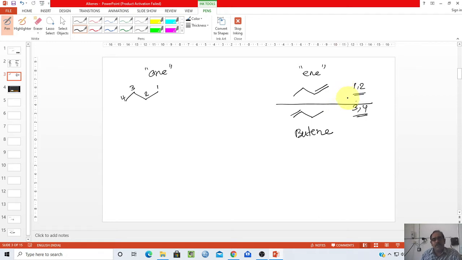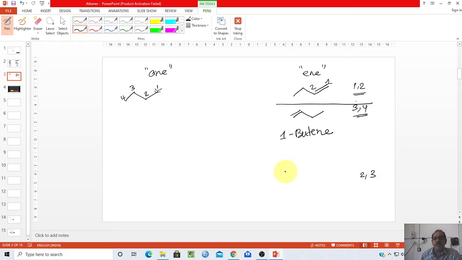Therefore, whatever the case, it is butene only, and we call it 1-butene. Since the bond position is indicated, you have to take the lower carbon number. The bond is between the first and second carbon, so the lowest number is 1, therefore it is 1-butene.